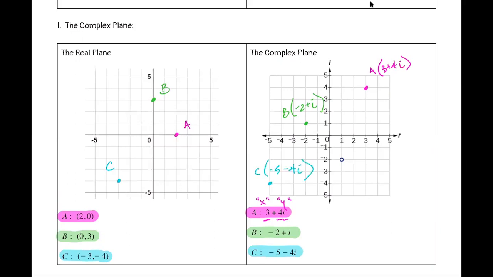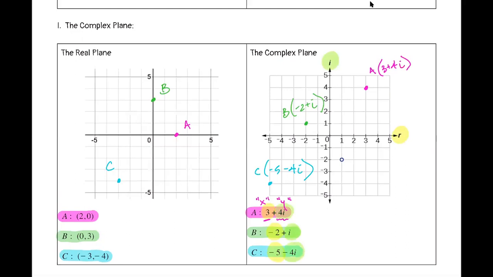Okay. And you can even see on the axes that we have our real axis. So that's like the 3 and the -2 and the -5. Those are all real parts of the number. And then we have this imaginary axis, which is the 4i, the 1i, the -4i.